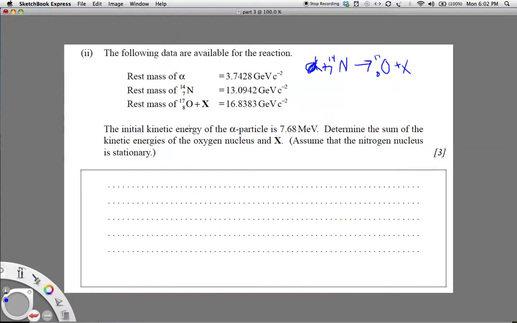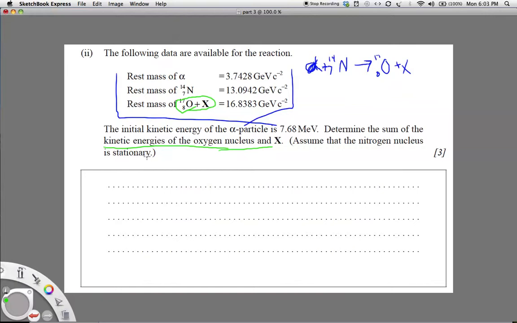The initial kinetic energy of the alpha particle is 7.68 mega electron volts. By the way, these are all given, so I'm going to highlight them blue. Determine the sum of the kinetic energy of the oxygen nucleus and X. So we have to determine the kinetic energy of these two particles after the reaction goes through.